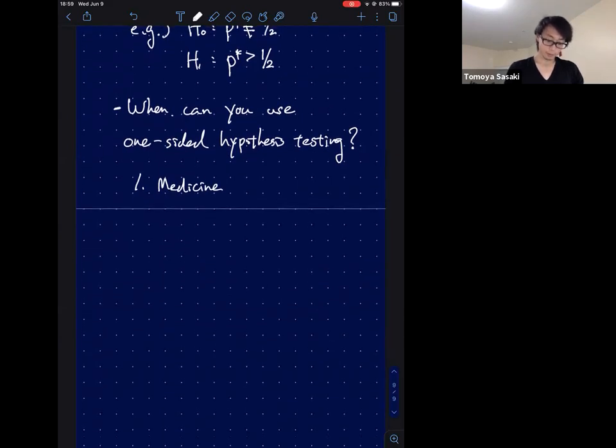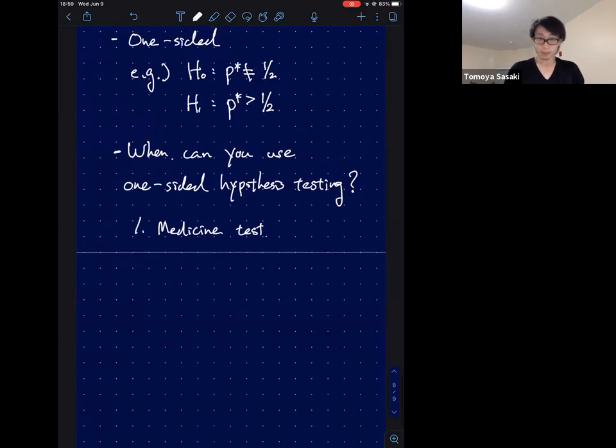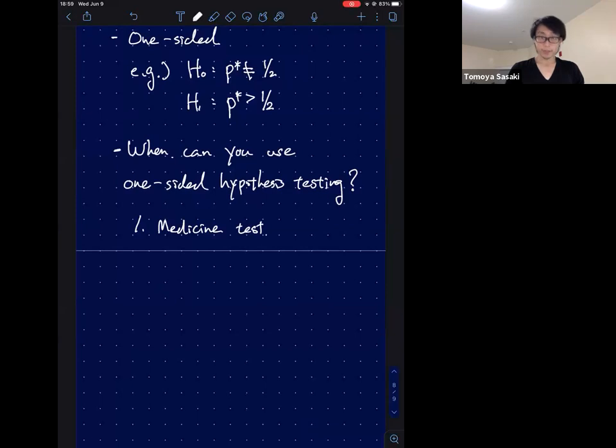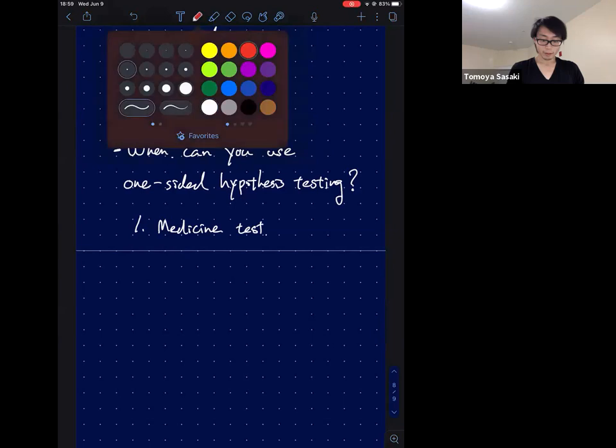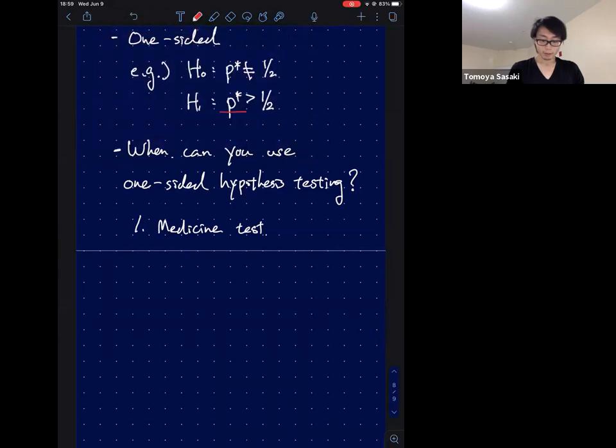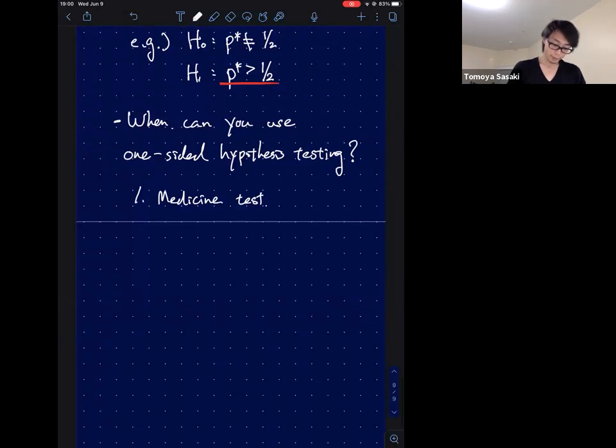So, medicine test. Recall that when we're doing a one-sided test, you're only testing whether P star is greater than 1/2, right? So having that in mind, let's think of a medicine test.